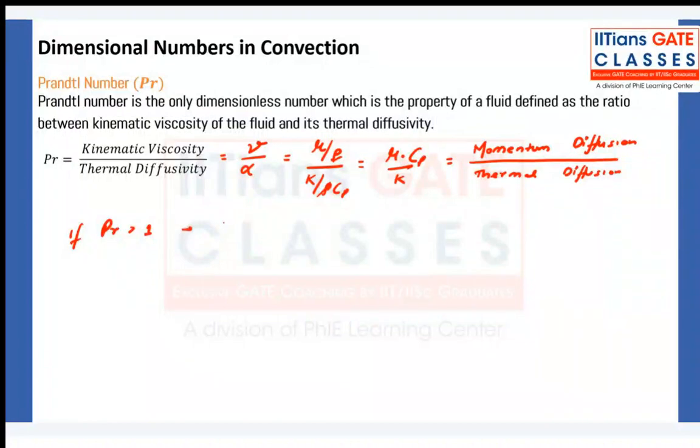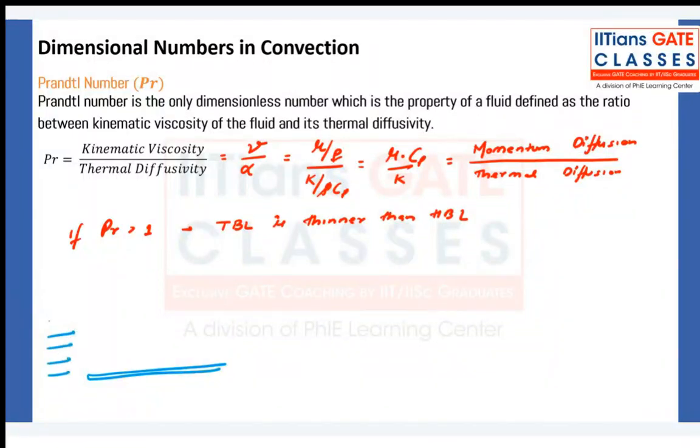That the thermal boundary layer, we will talk about this thermal boundary layer and hydrodynamic boundary layer, is thinner than the hydrodynamic boundary layer. I'll draw a diagram here. Look, this is your flat plate, and if fluid is coming with a velocity u infinity, then a boundary layer will be formed.